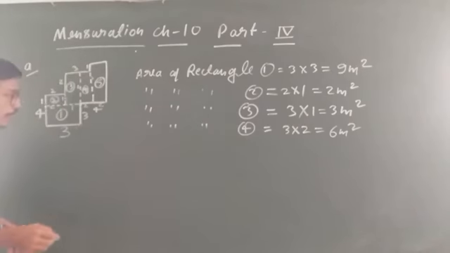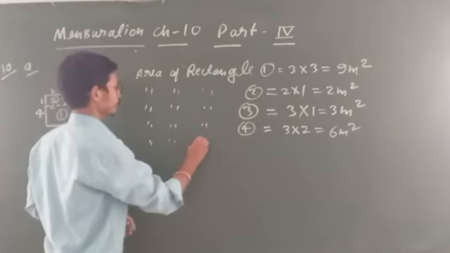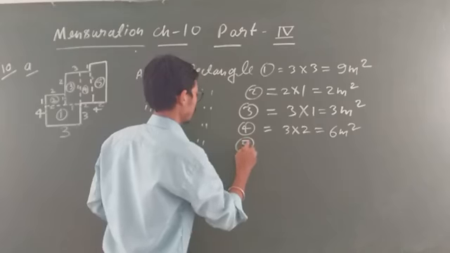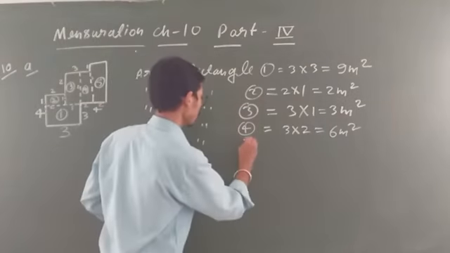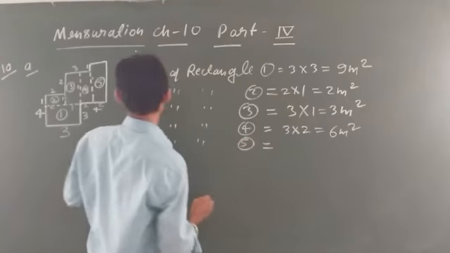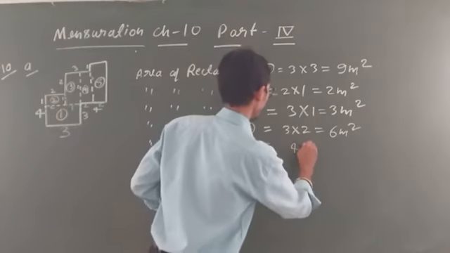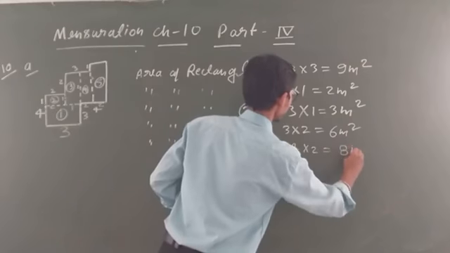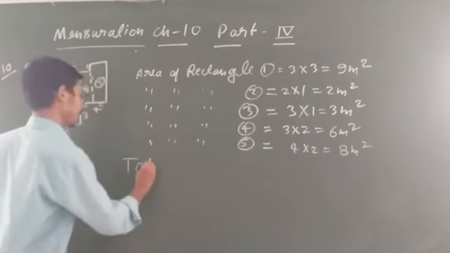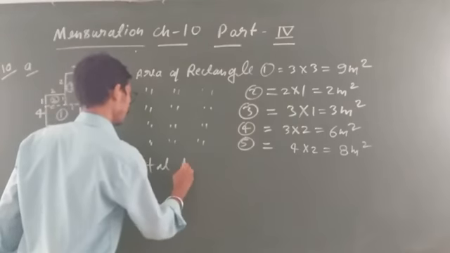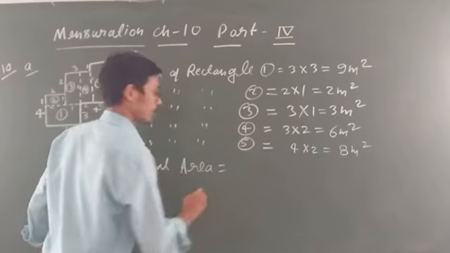Clear? So you know that area of rectangle 5 equal to what? 4 into 2, yani 8 meter square. Clear student? So total area, what student?